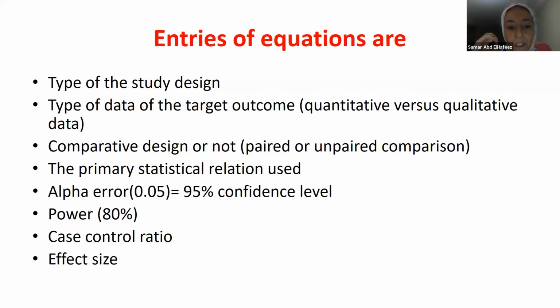I'm 95% confident that if this study is repeated 100 times, 95 of the 100 times they will have the same findings as I found in my study. While the power reflects to what extent I'm sure that my findings in the study are correct.